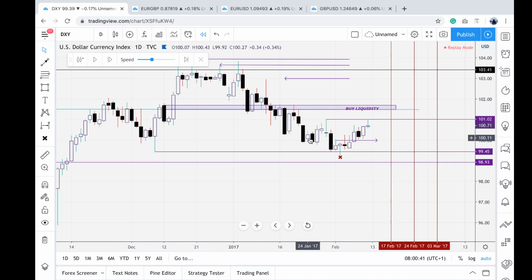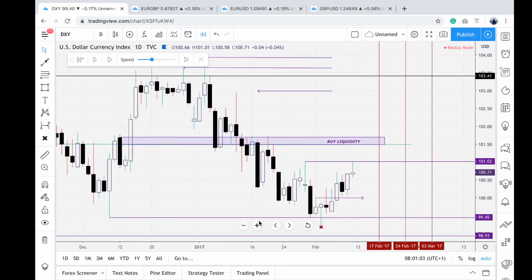So what we want to look for in terms of a discount level would be buys. Until we take out this range, we're going to look for buys until we get to the midpoint of our range, which is range high to range low, where buy liquidity rests in terms of our midpoint.